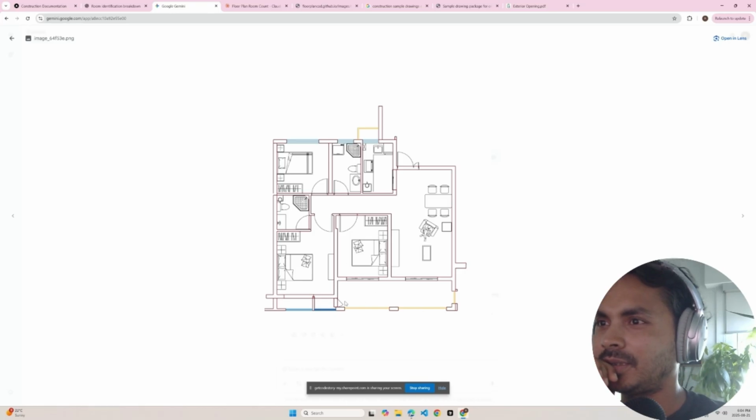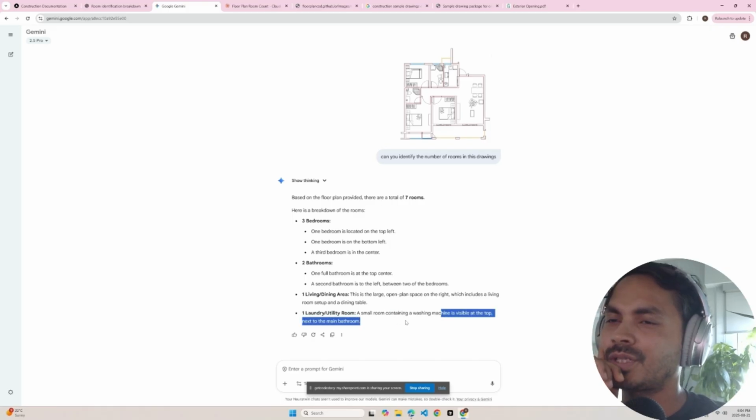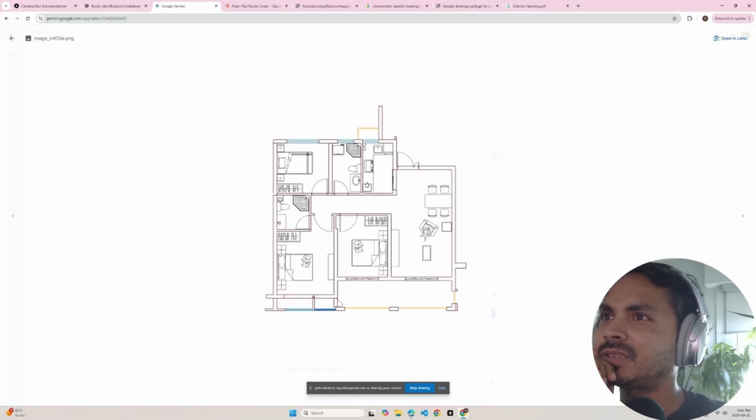Maybe this one. Did it catch the kitchen? It says a washing machine is visible at the top next to the main bedroom. This is the washing machine. So this is probably the laundry utility room, right? So it's not saying kitchen, it's laundry utility. This is what it's considering as the washing machine.